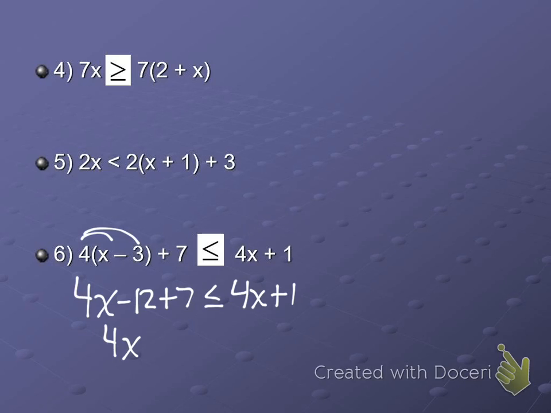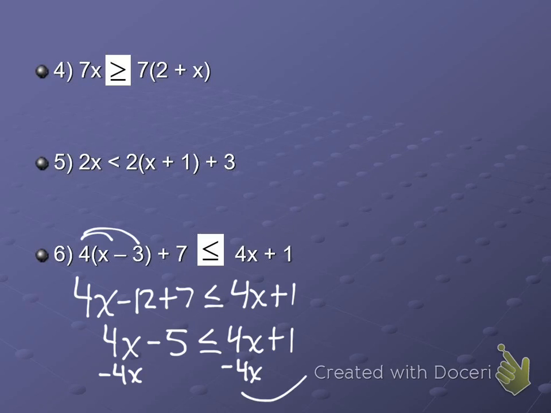So we have 4x minus 5 is less than or equal to 4x plus 1. I want all my variables to be on the left-hand side. So to do that, I subtract 4x from both sides.